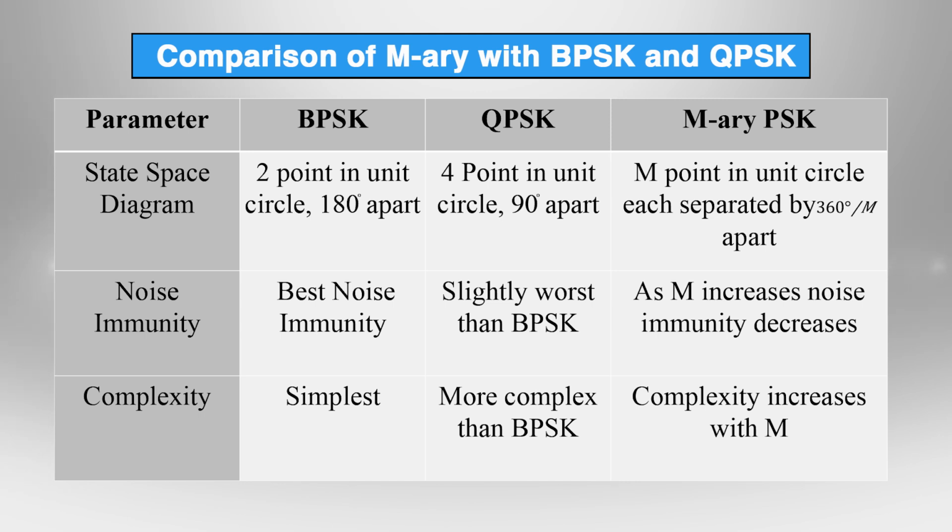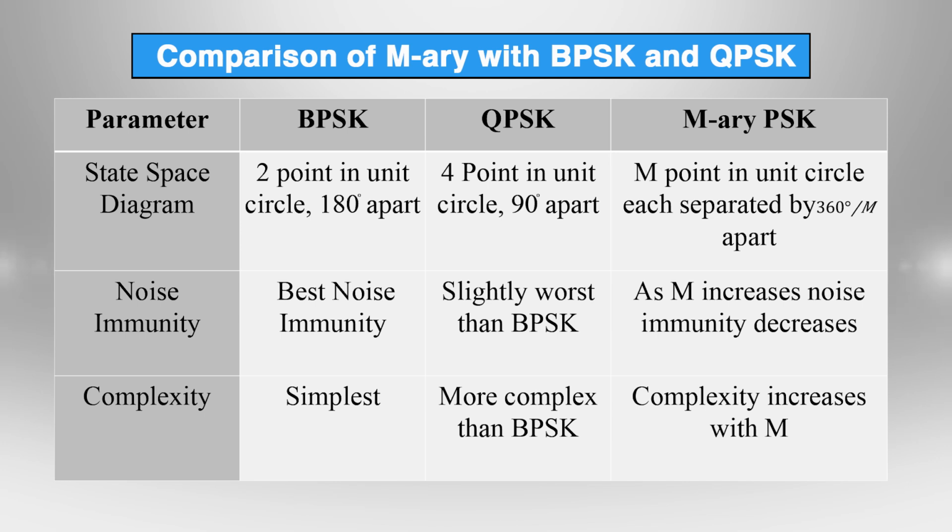The next parameter is complexity. BPSK is the simplest modulation scheme which is easy to implement, requiring the least complex transmitter and receiver designs, whereas QPSK is more complex than BPSK as it requires the generation and detection of 4 different phase states.